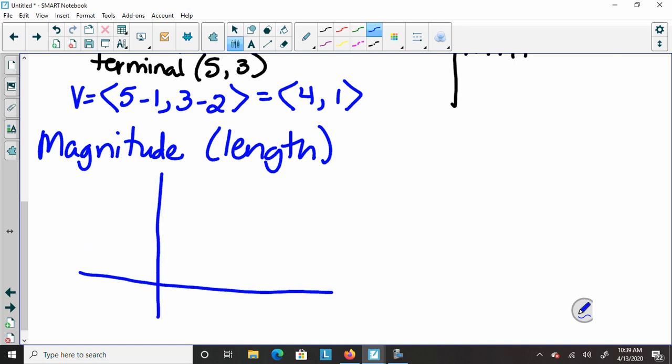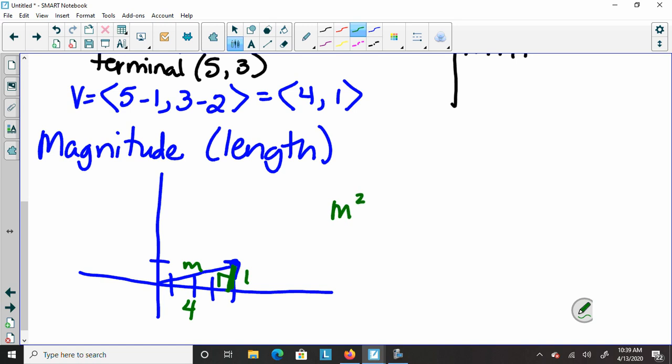If I want to know what the length of this vector is, it's going to be the hypotenuse of a right triangle. So just drop my perpendicular down, make a right triangle. That's 4. That's 1. We're trying to figure out our magnitude.